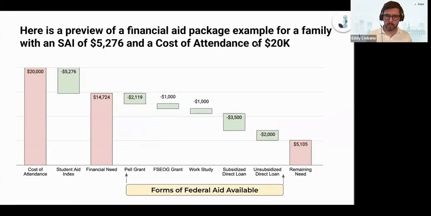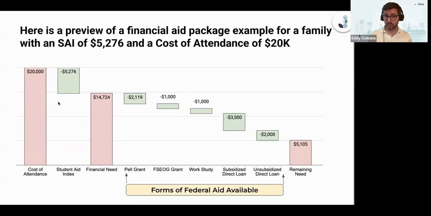So here, yeah, what we see is the total financial need. That's just the difference. You take cost of attendance, you subtract student aid index. That's the financial need. That's the amount that a school can give in financial aid to help meet this need. So it's the maximum amount. So a student can receive up to a maximum of $14,724 from a college.